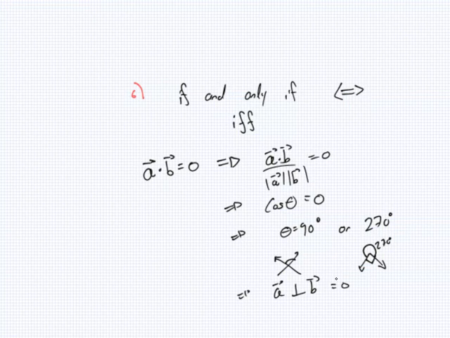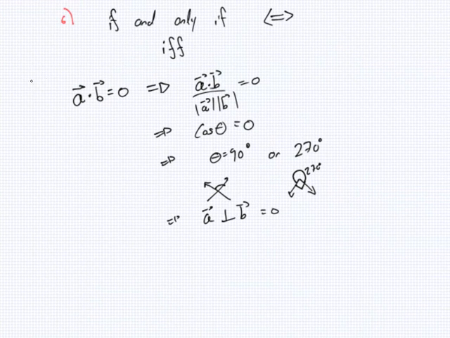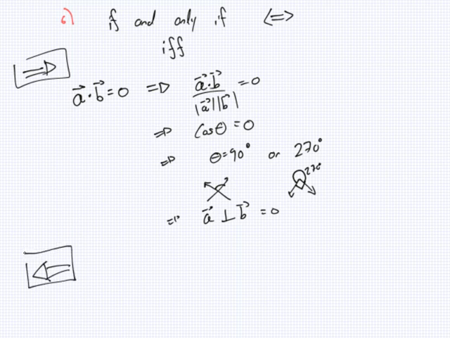Now, that was the one direction. Now we have to go in the other direction. Now, let's go backwards. So I know that theta equals 90. So that means cos theta equals 0.